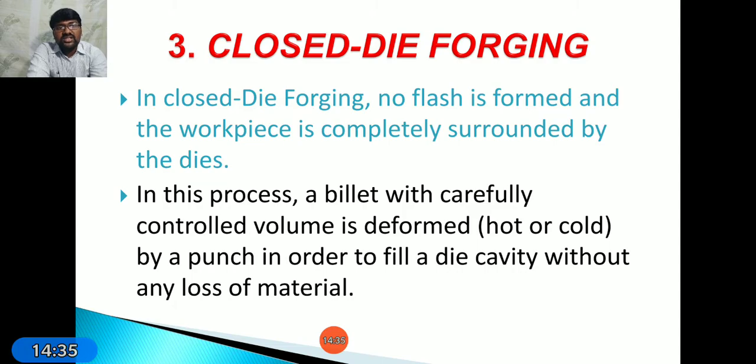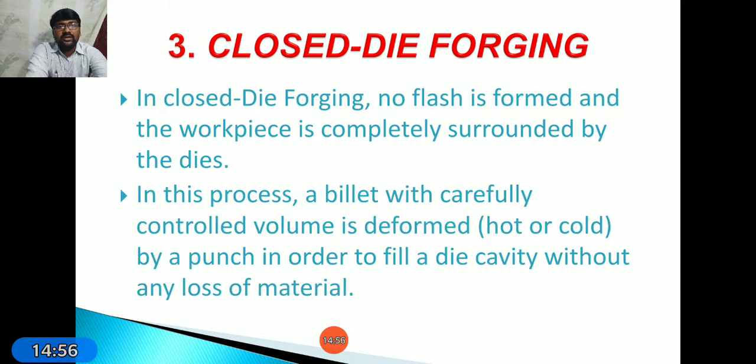In this process, a billet with carefully controlled volume, the amount required to fill the dies, is placed in between the two dies. This can be carried out in both hot and cold working processes, and we use a punch in order to fill the die cavity without any loss of material.